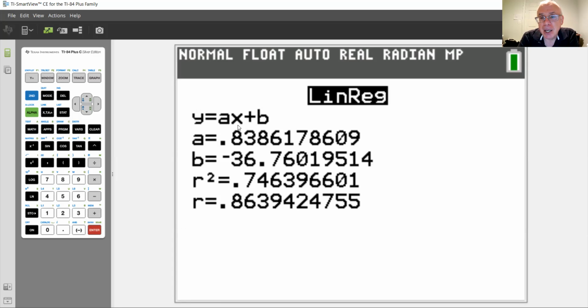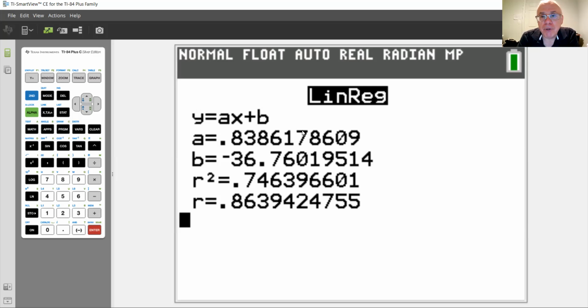And then for a particular value of x, to find the expected or predicted value, you simply plug that value of x into this equation and multiply it by the slope, which in this case is 0.8386, and add to it the y-intercept, which is negative 36.76, and you get your predicted value of y. That's your y hat. So just use your calculator to do that.